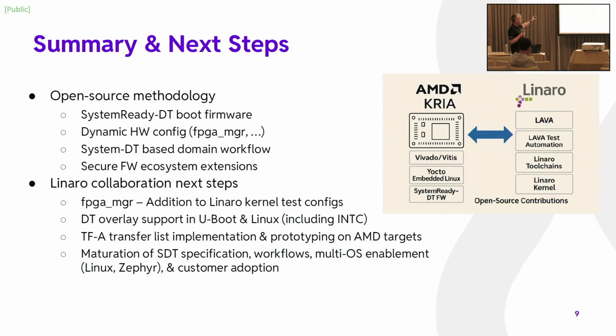System device tree-based domain workflow, meaning a simple way for a customer to leverage the DT best practices we have in Linux, but extending that to other OSs. Secure firmware extensions, so transfer list, the whole work around OP-TEE and refreshing on that. And so these are a few of the specific next steps towards enablement for AMD SoCs, but also generally improving the overall open source and the ability for our mutual end customers to pull from that.